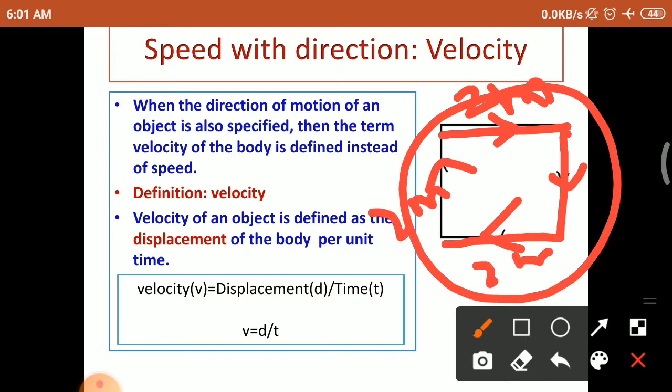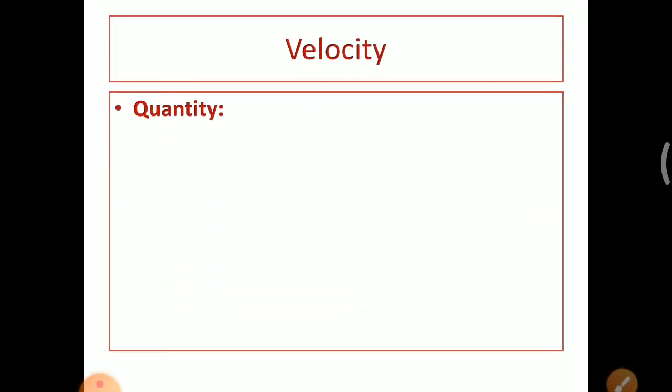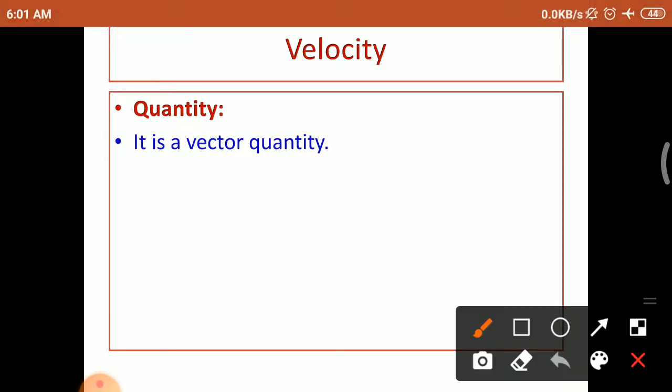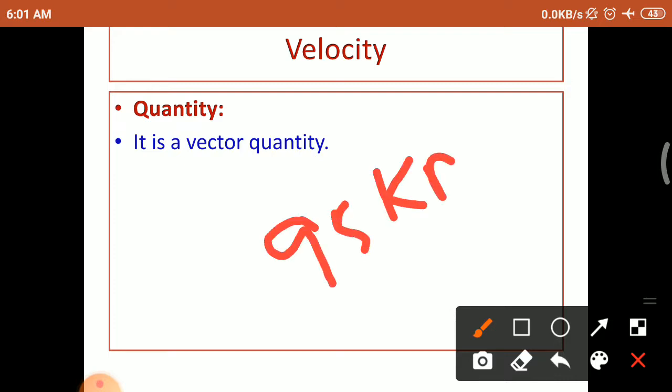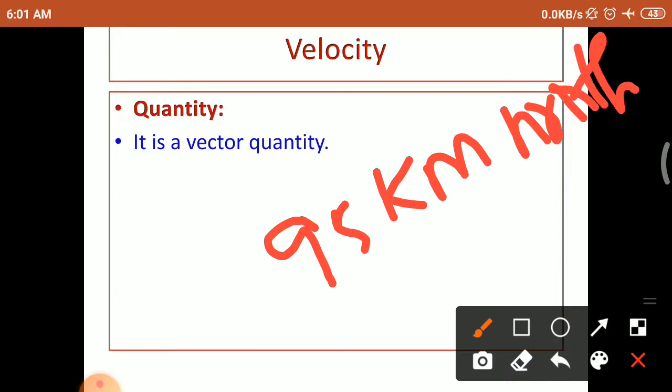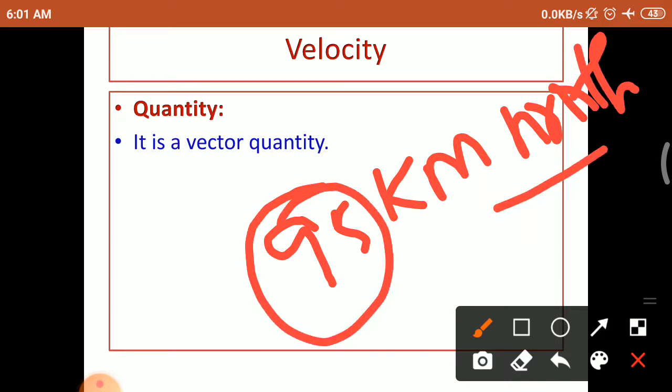Here I mentioned direction along with the magnitude. It is a vector quantity, because we can write the velocity equal to 95 kilometers north. Along with the magnitude, we mentioned the direction also, so it is a vector quantity.